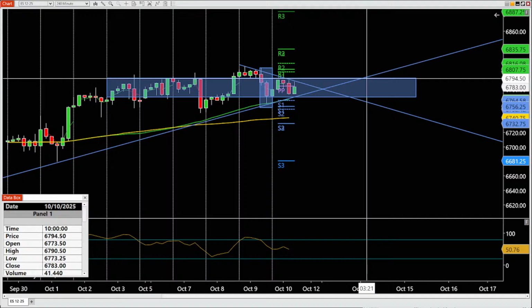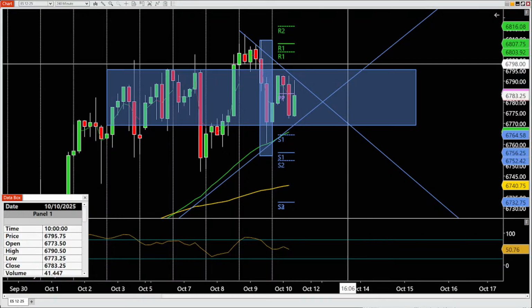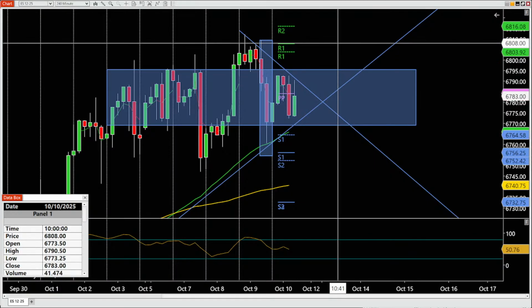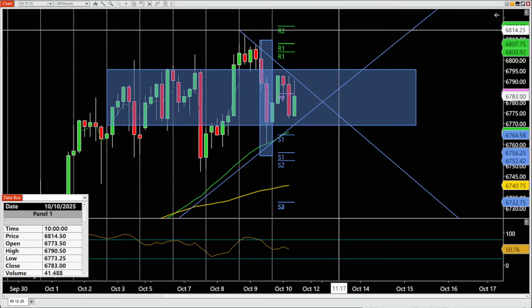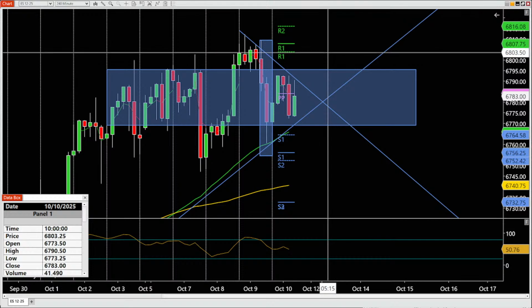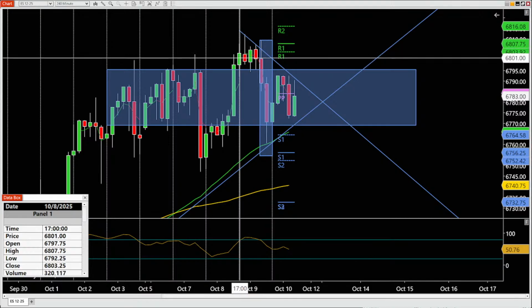6,800. We got some R1 at 03, 07, and then 16. So above 08, I wouldn't take the 08 to the 03, because you got to get past this barcode.